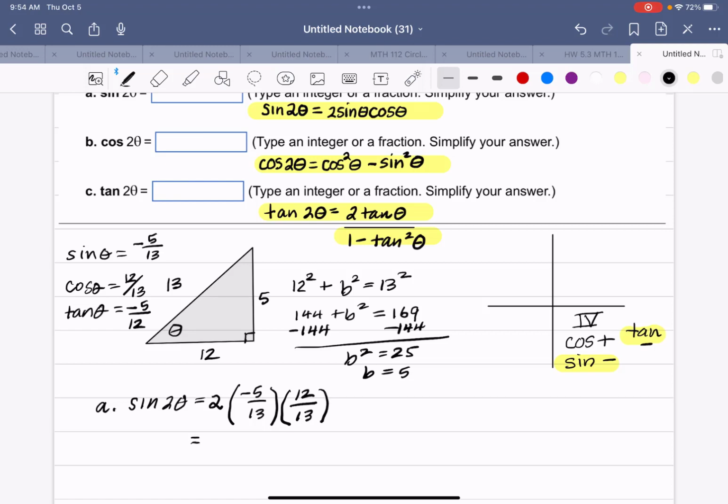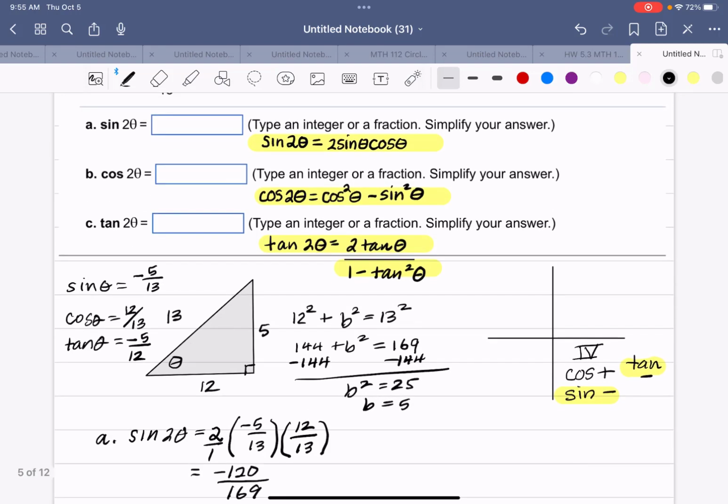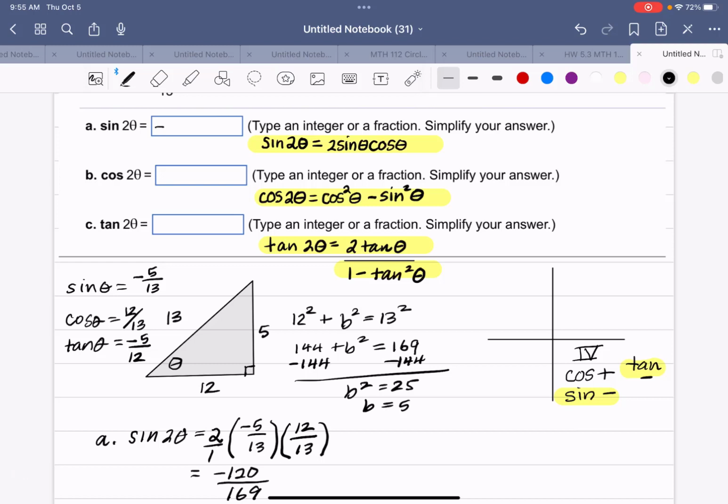You can do it manually, or you can use your calculator using the fraction key. I'll just go ahead and multiply all the numerators and the denominators. So 2 times negative 5 is negative 10 times 12 is negative 120. And 13 times 13 is 169. So the sine of 2 theta is negative 120 over 169.